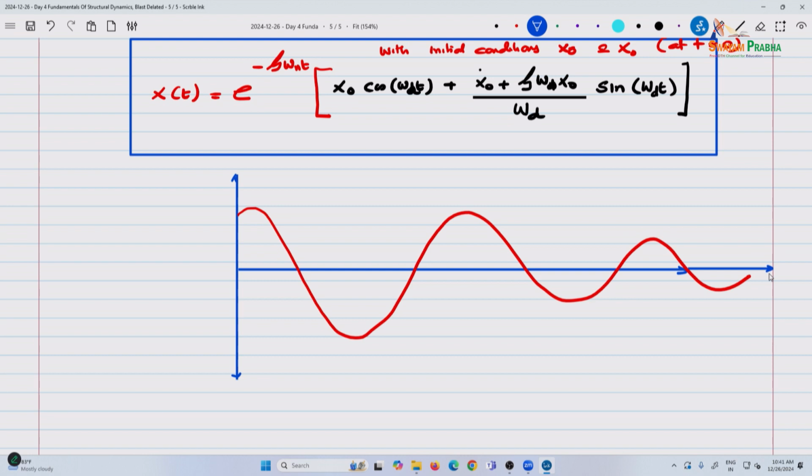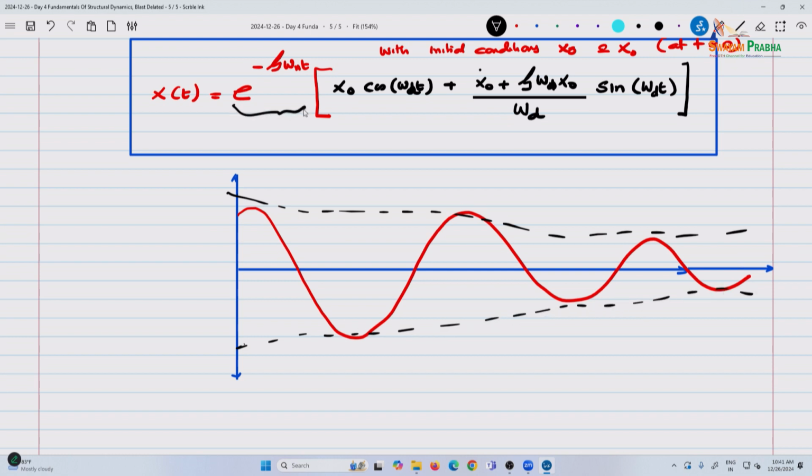And it should be symmetric, doesn't quite look symmetric. And it should be even better than what I've drawn. So, if you plot it, you will see that the peaks are governed by this exponential function.